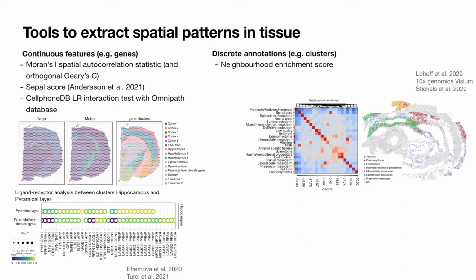So this is also adjusted for the size of the clusters, of course. So here I'm showing a mouse brain gastrulation data set, I think.